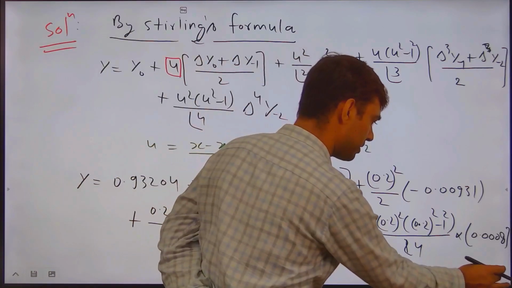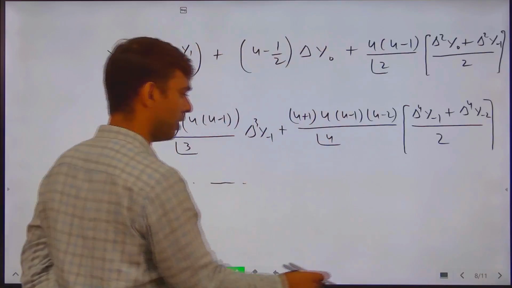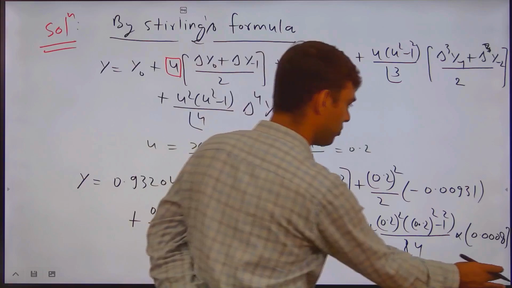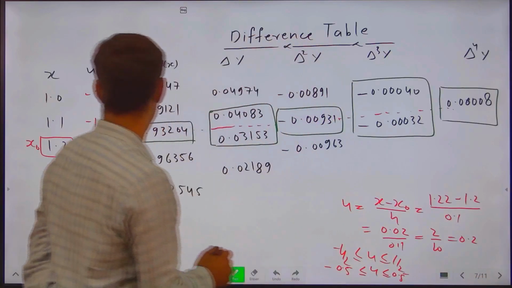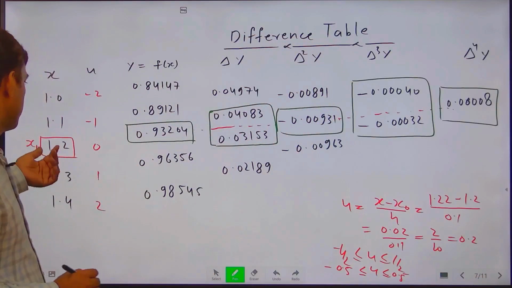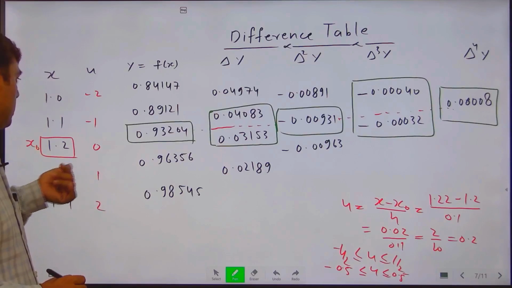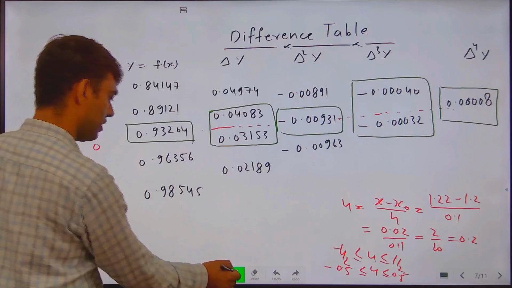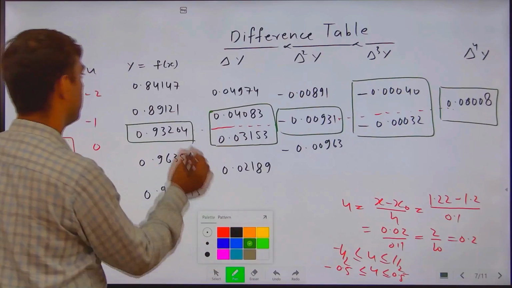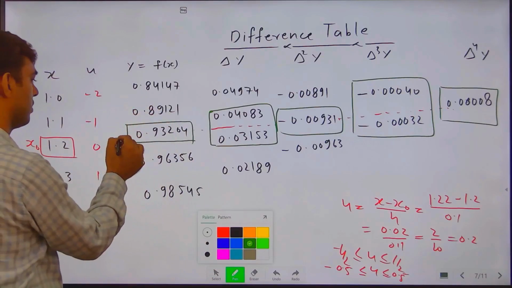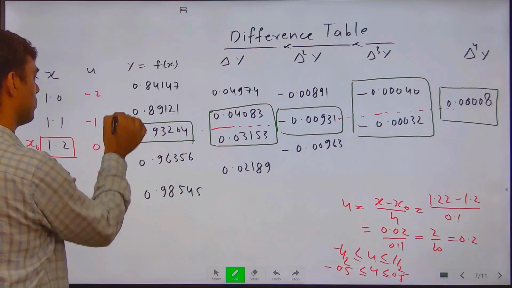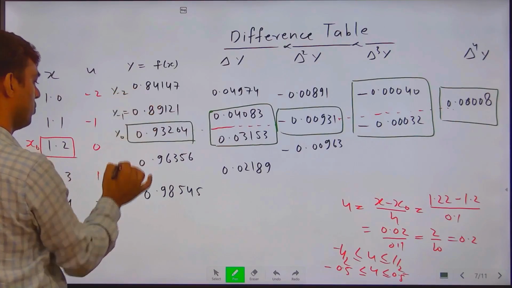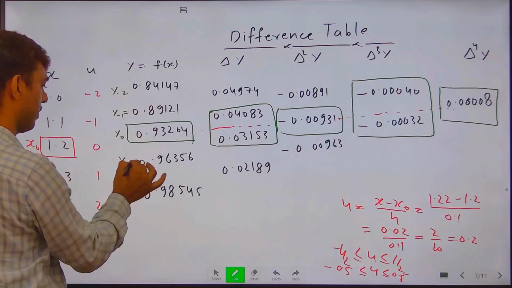Another thing is how we identify which value we are going to use. If this one is x0, then which one is y0 and y1? Simply you write here, this one is y0, this one is y minus 1, this one is y minus 2, this one is y1.